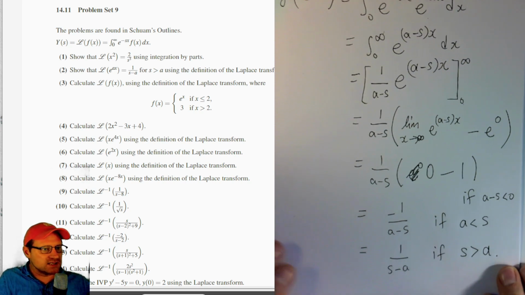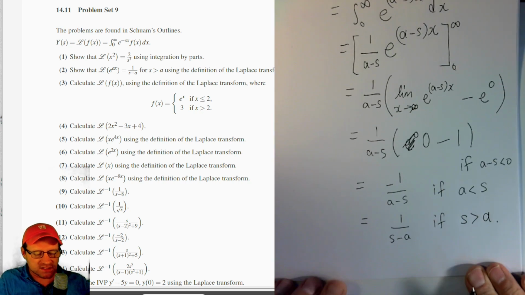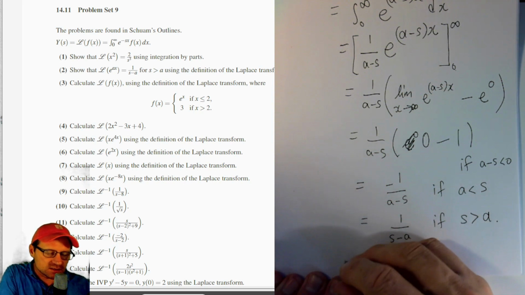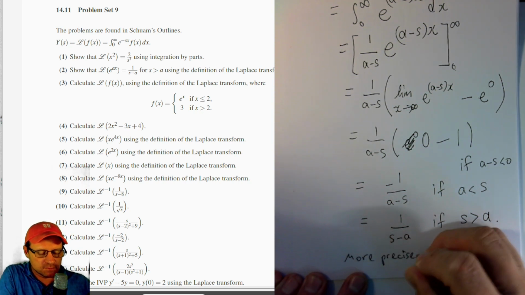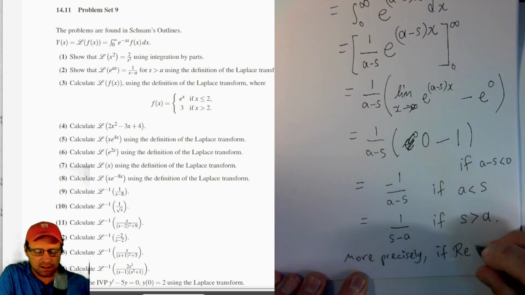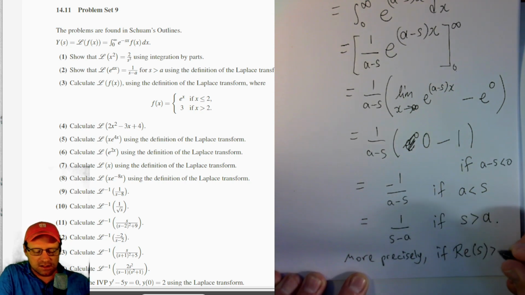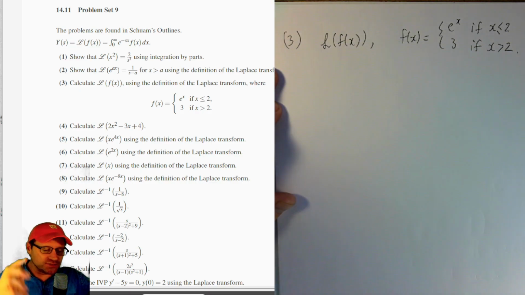But more precisely, because we assume that s is a complex number, so let's say more precisely, if the real part of s is greater than a. See, not so scary.